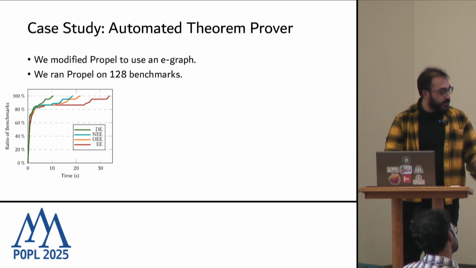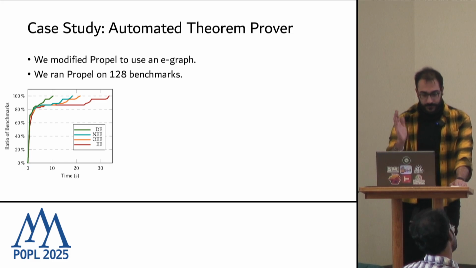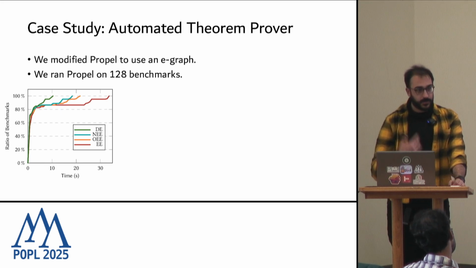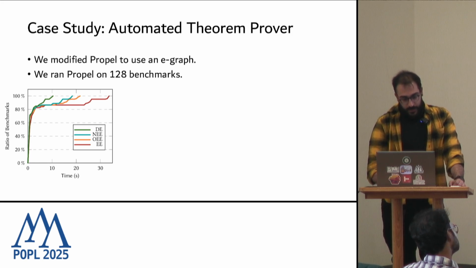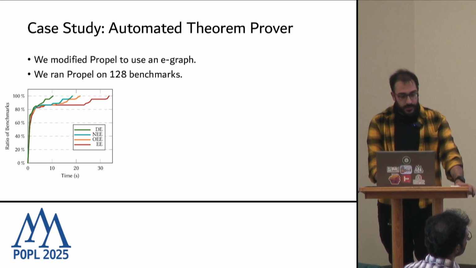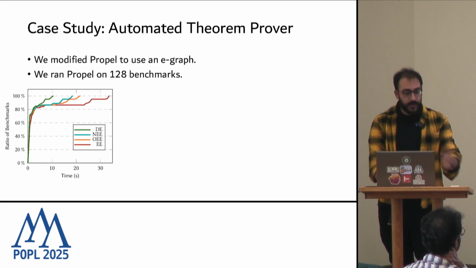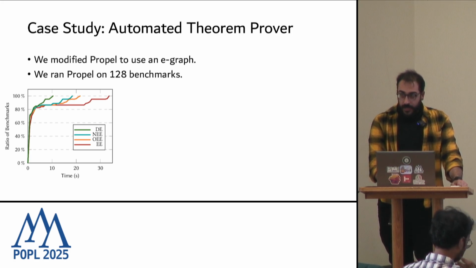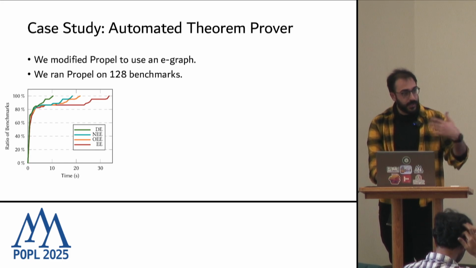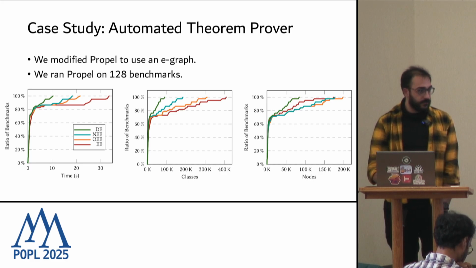So what you should be on the lookout for are very steep, fast-growing lines, because these are the lines corresponding to the approach that is better. And in this case, the structural one, so the one with disequality edges, performed better time-wise than the unvalued embedding than the valued embedding. And we didn't only measure time, we also measured memory, but by proxy of counting the numbers of classes and nodes inside of the eGraph.